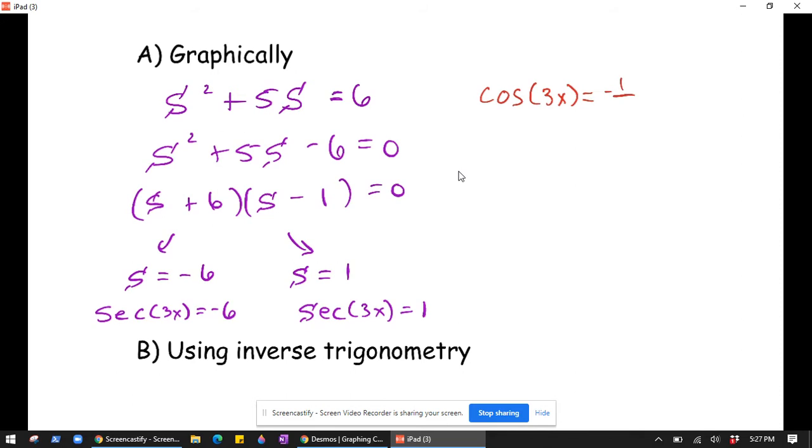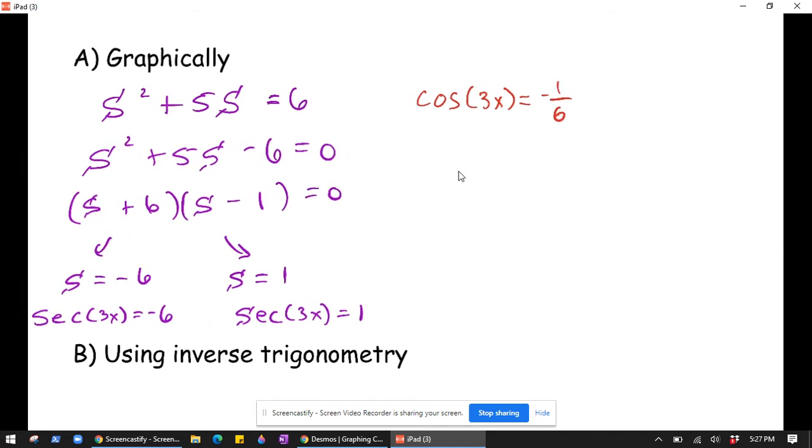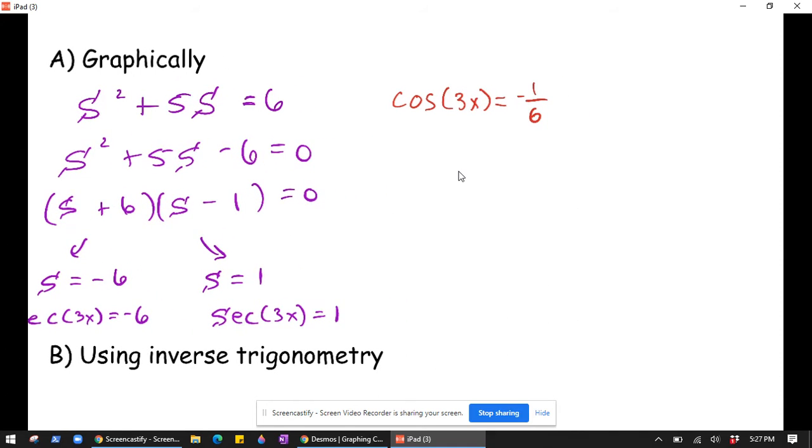In other words, I just took the reciprocal of both sides. And similarly, for the other one, cosine of 3x is equal to the reciprocal of 1, which is 1. Basically this is going to produce two families of solutions.